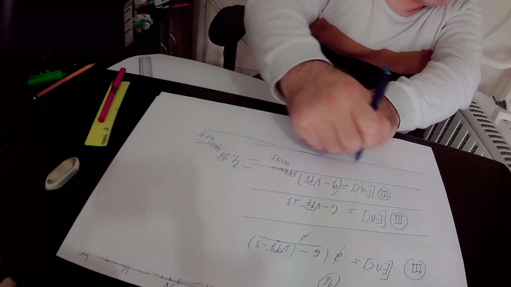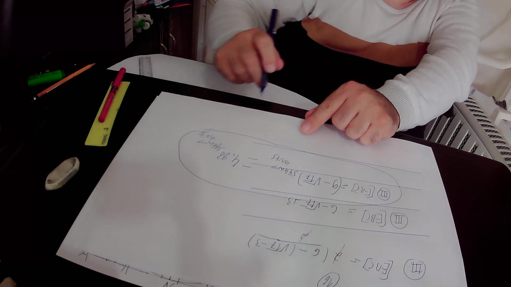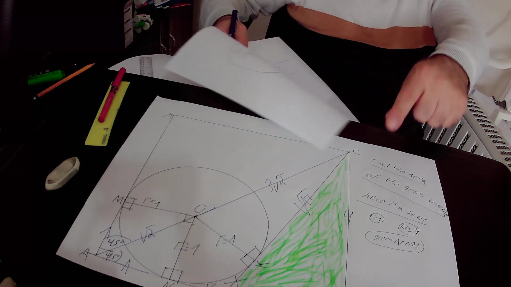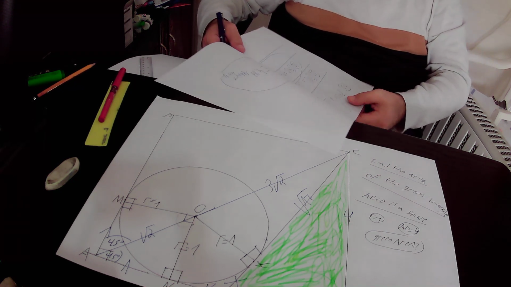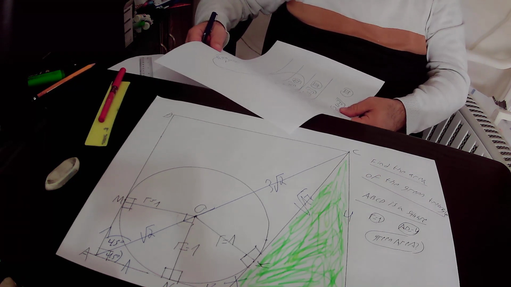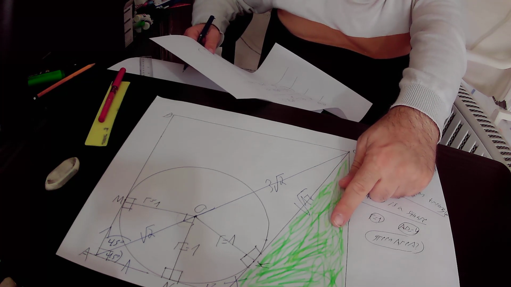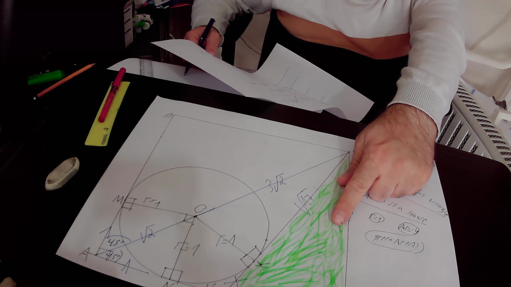I repeat again, we found out that the area of this green right triangle equals either 9 minus square root of 17 square units, or in terms of numbers, 4 minus 88 square units.